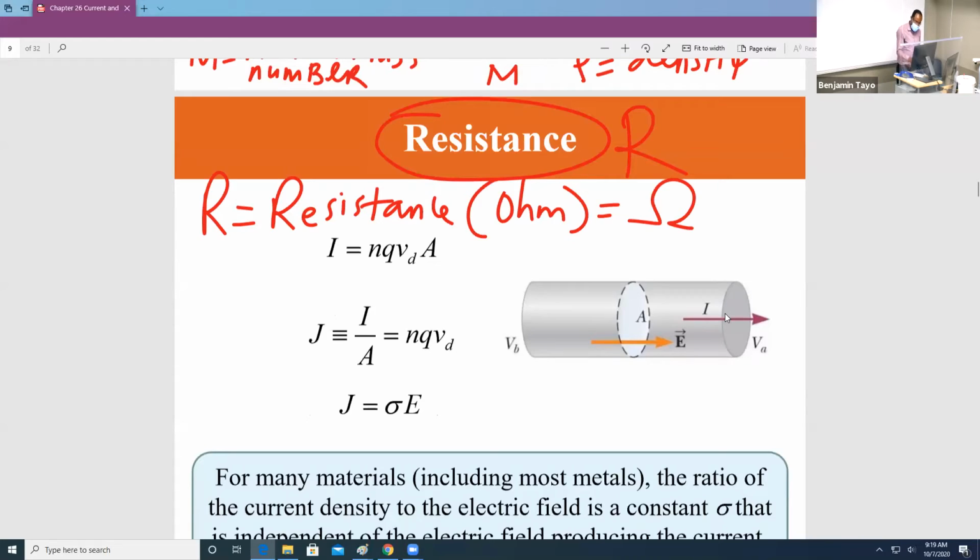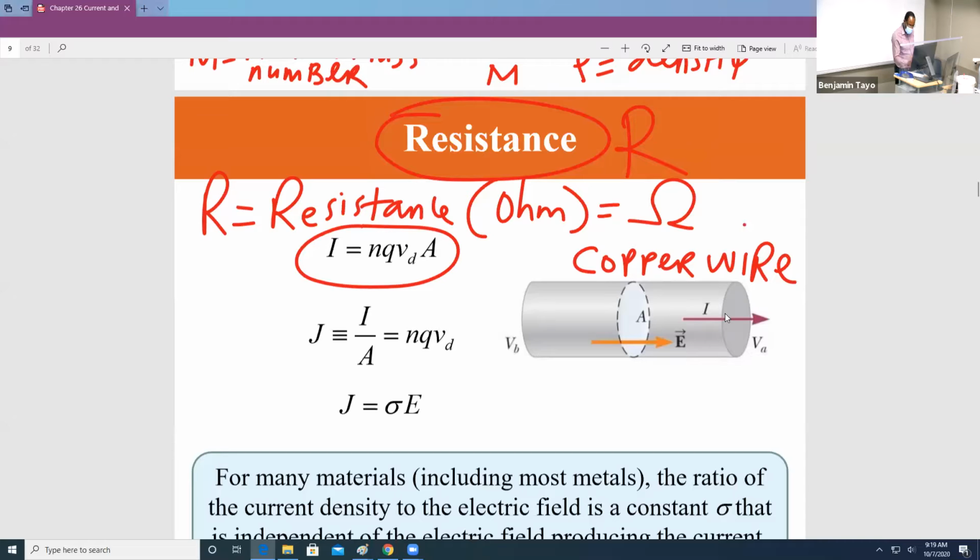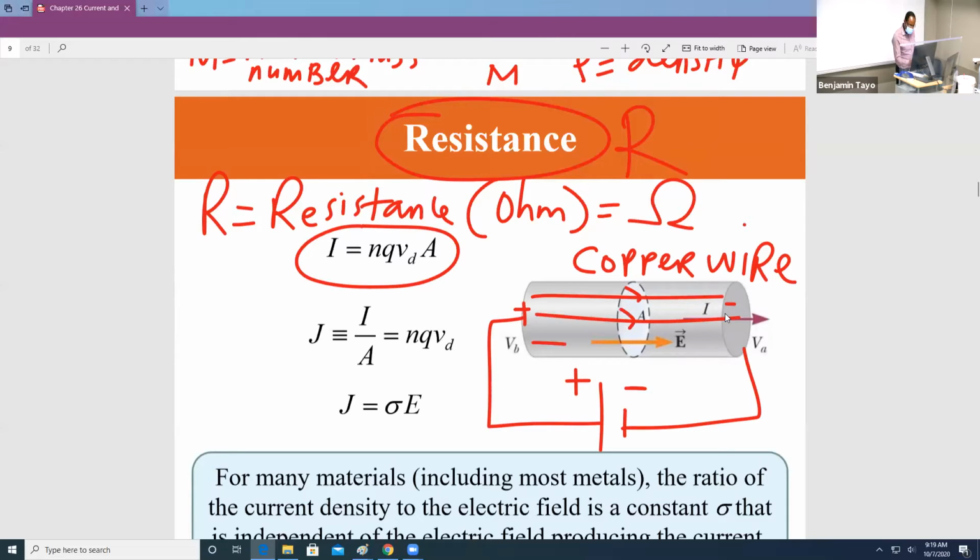We already said that the current is given by... as an example, if you take a copper wire and connect it to the battery like this, such that this is my plus and this is my minus, then because this is plus and this is minus, you have an electric field pointing in this direction.